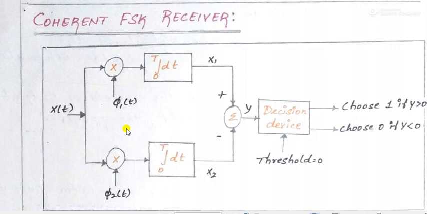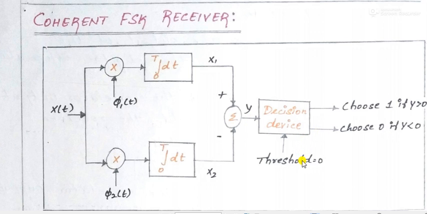The receiver consists of two correlators with a common input, which are supplied with locally generated carriers phi 1 and phi 2. The correlator outputs are then subtracted one from the other, and the resulting difference Y is compared with a threshold of 0 volt.